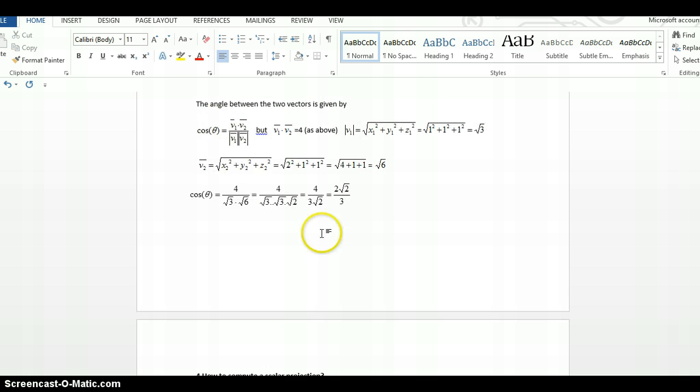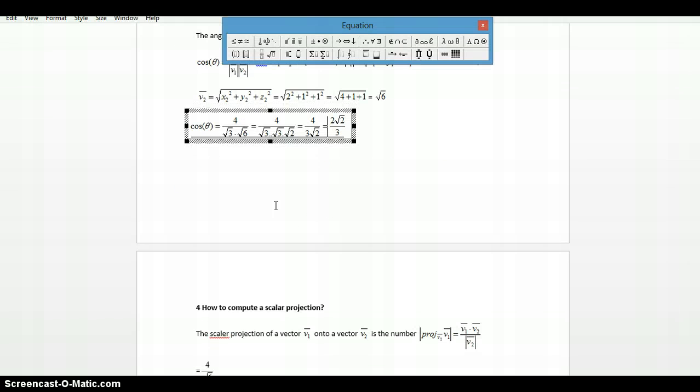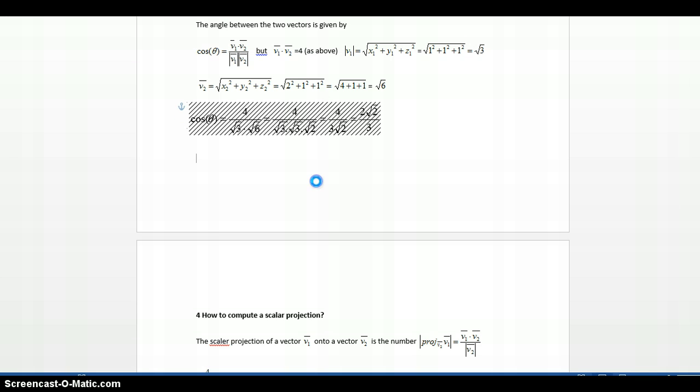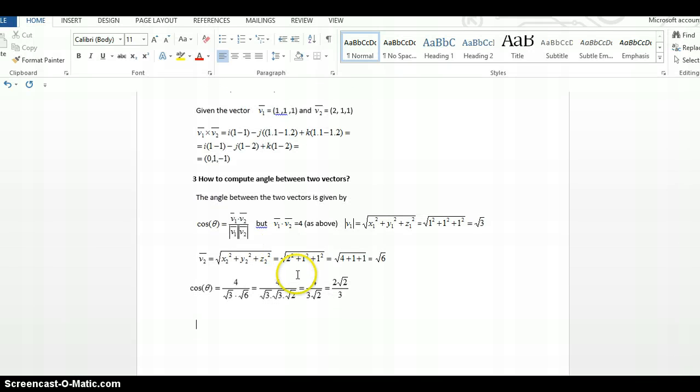I have decided to make this simpler to understand. So 4 divided by root 3 times root 6 is the same thing as 4 divided by root 3 times root 3 times root 2.